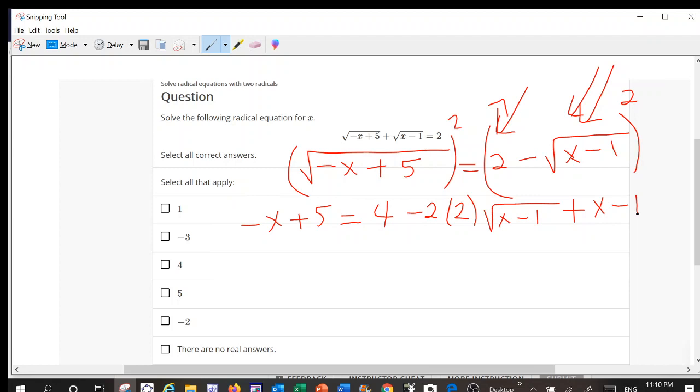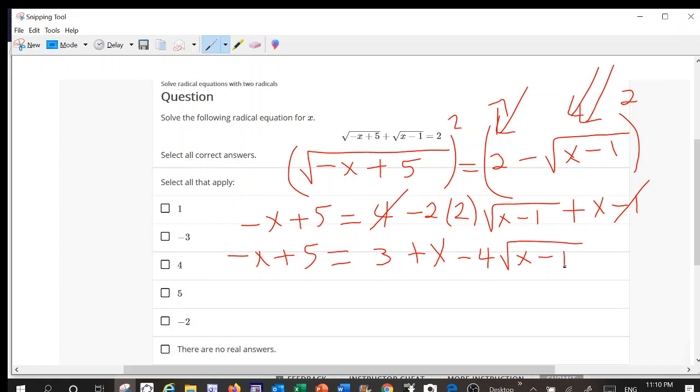Right? So now we have only 1 radical. That's good, because we had 2, now we have 1. So let's do all the operations on both sides. We got a 4 here and a minus 1 here, so that's a 3. And then we got an x there, we're going to leave it. And then this is minus 4 square root of x minus 1.